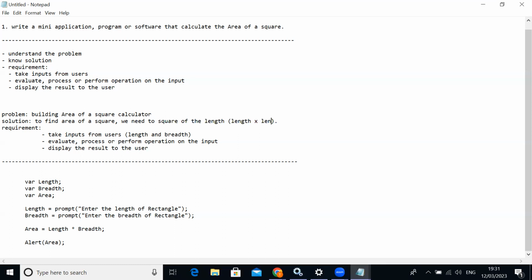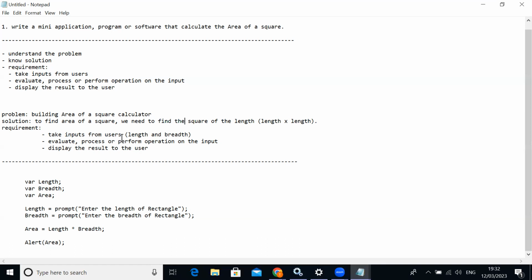So to find the area of a square, we need to find the square of the length of one side, or just multiply one length by another length.